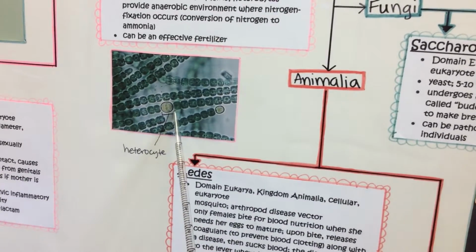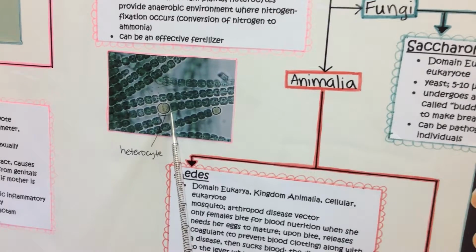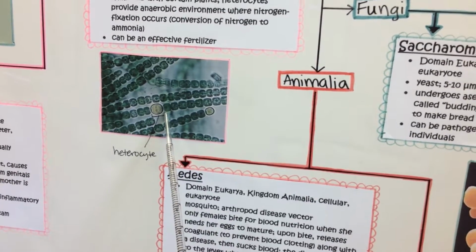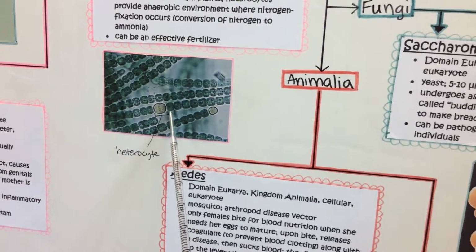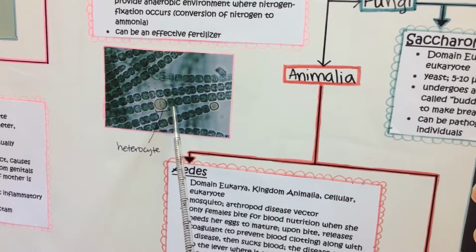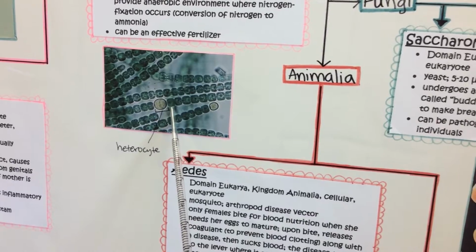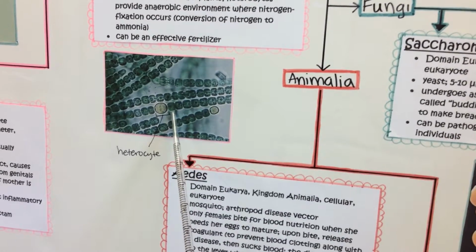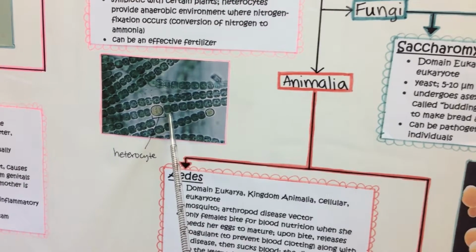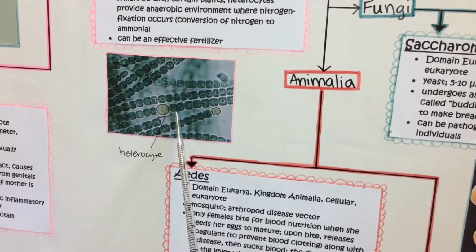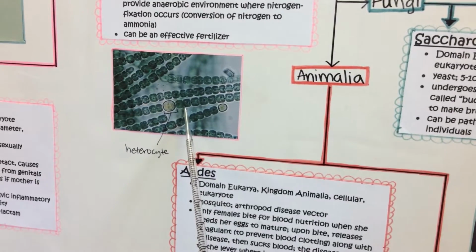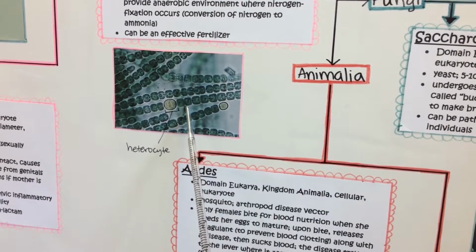The heterocytes contain a really cool enzyme complex called nitrogenase. And nitrogenase permits nitrogen fixation to occur. Molecular nitrogen from the air is reduced into ammonia. Now the reason this is a really important process is that most organisms can't use molecular nitrogen as a source of nitrogen to make amino acids and proteins, nucleotides and nucleic acids.